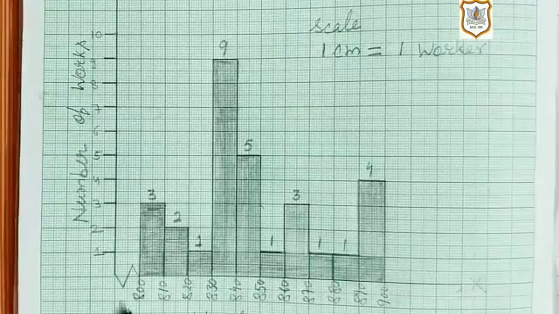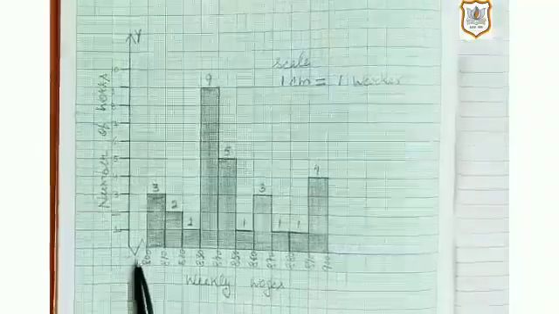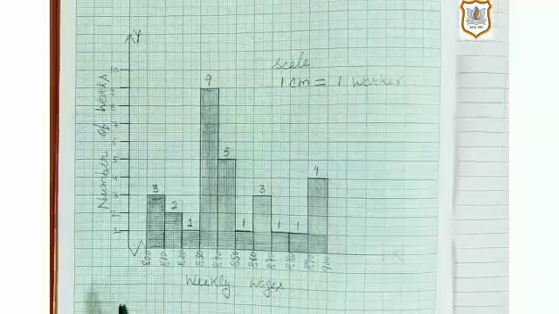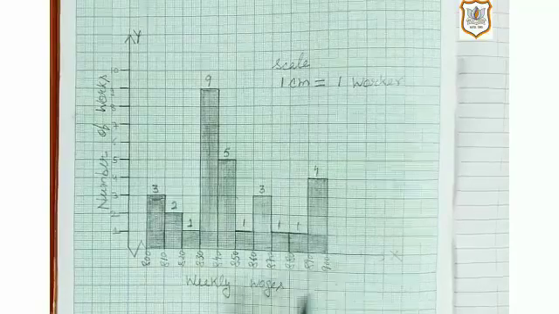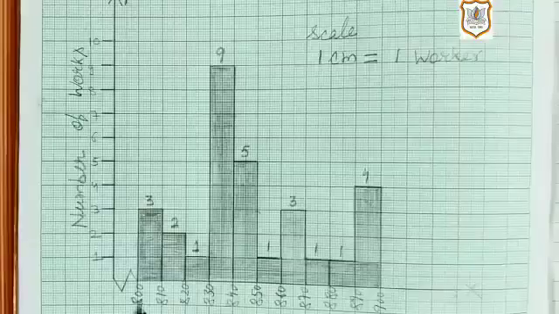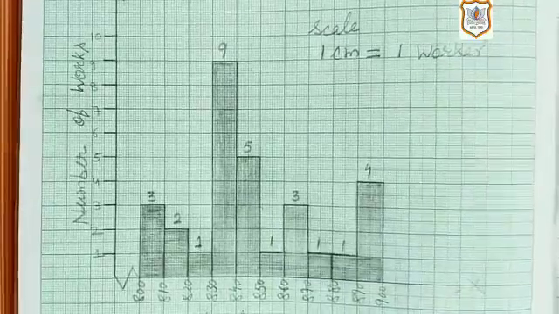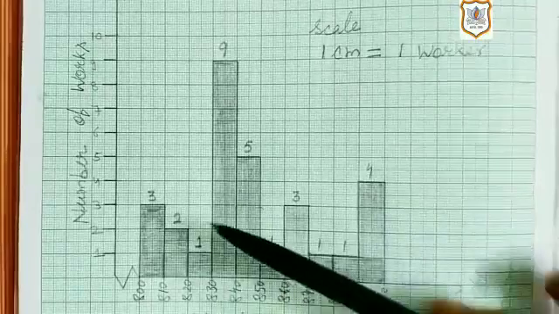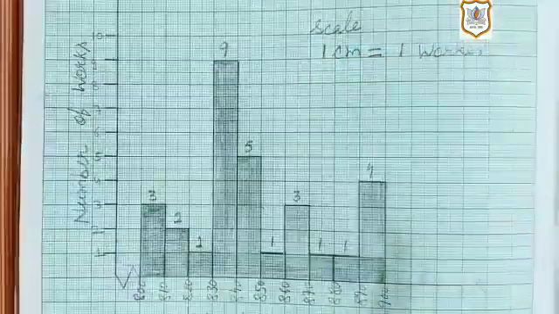Students, this is a jagged line. It is used along the horizontal line to indicate that we are not showing the numbers between 0 to 800. Weekly wages lie on the x-axis and number of workers on the y-axis.